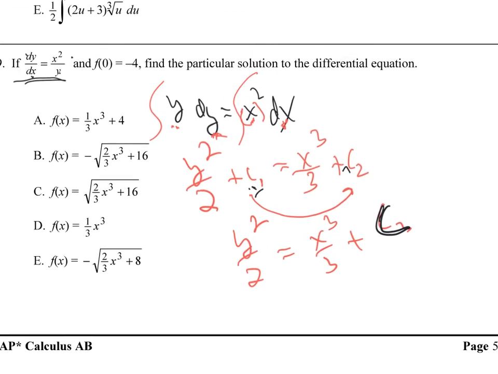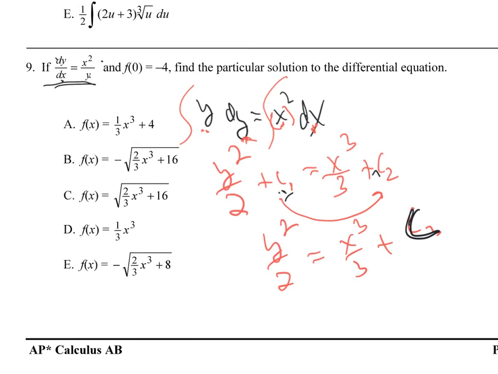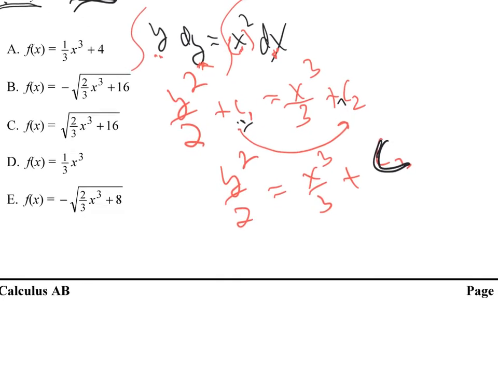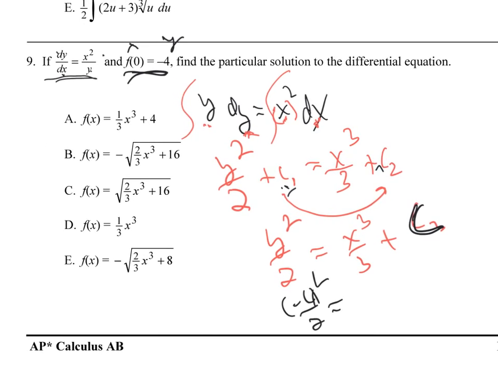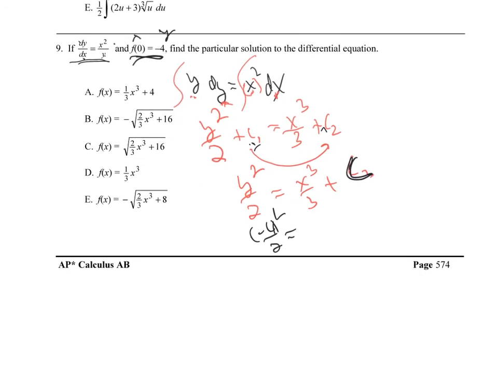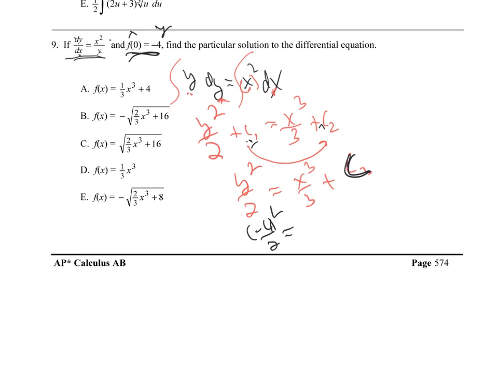Now, he gave me an initial condition. So you would have to plug into this equation. This is my x, this is my y, to really see what this equation is. So my y was a -4, -4 squared over 2, and my x was a 0. So what is 0 cubed over 3? 0.